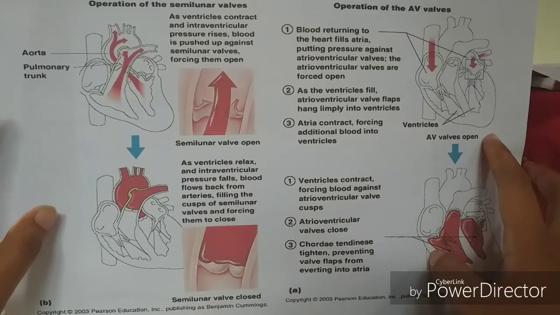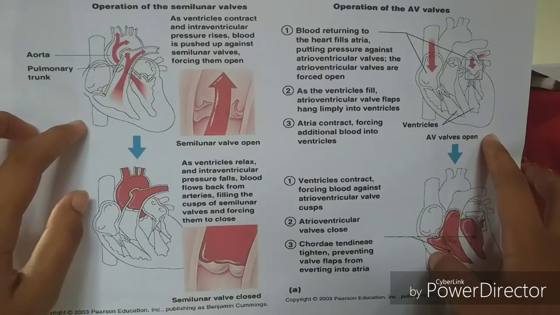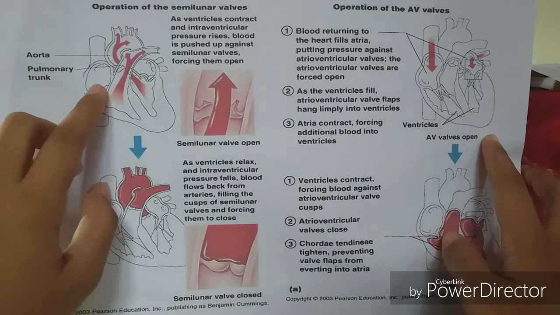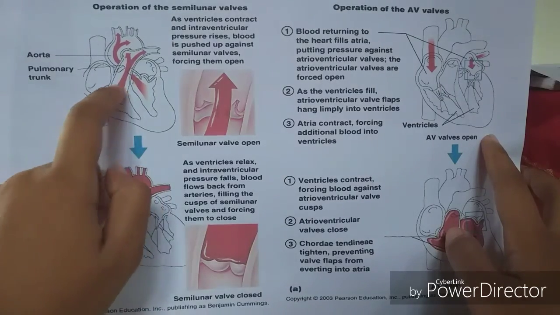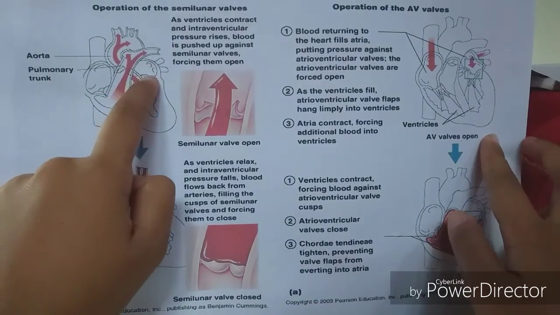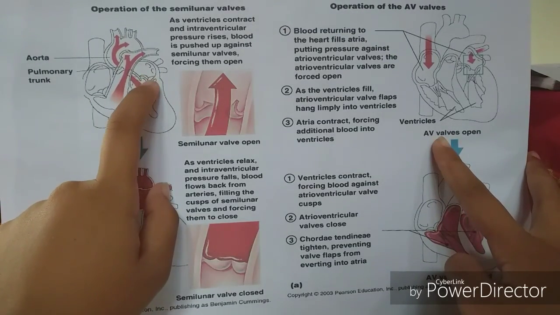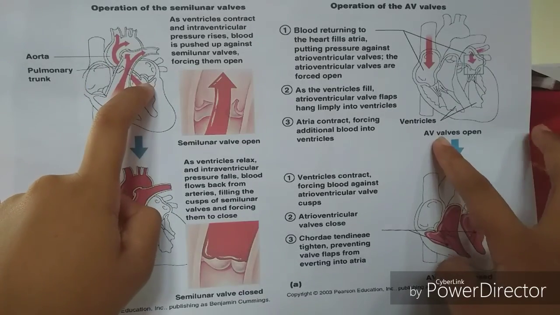The atrioventricular valve on the right side is the tricuspid valve, whereas on the left side is the bicuspid valve.